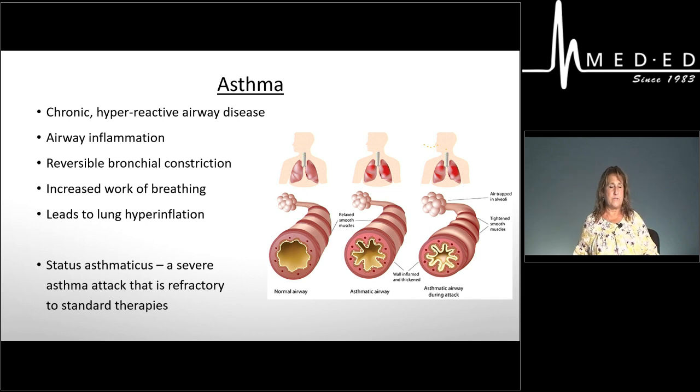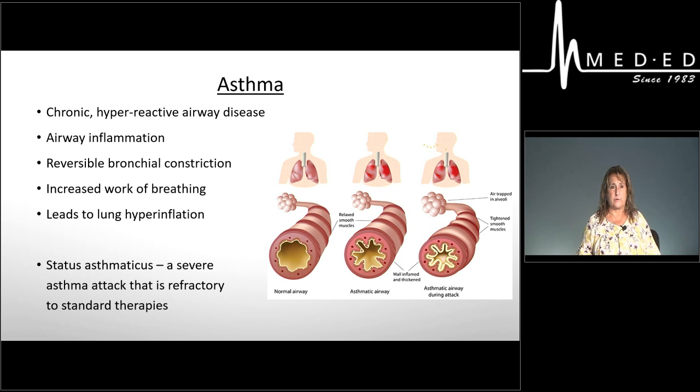If you've ever heard the term status asthmaticus, that is a severe attack of asthma that is not responsive to traditional therapies. And so the picture that I've showed on this slide is, on the left, a normal airway. So we've got smooth muscle that surrounds that airway and keeps it toned. But when you have an asthmatic patient, it's even more toned, so it's more constricted.